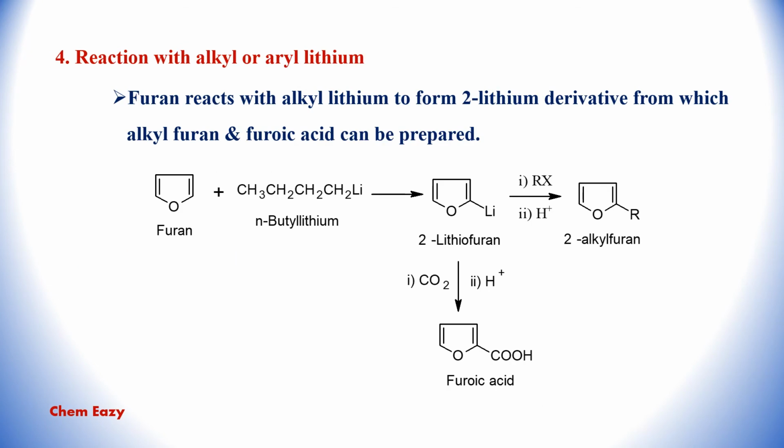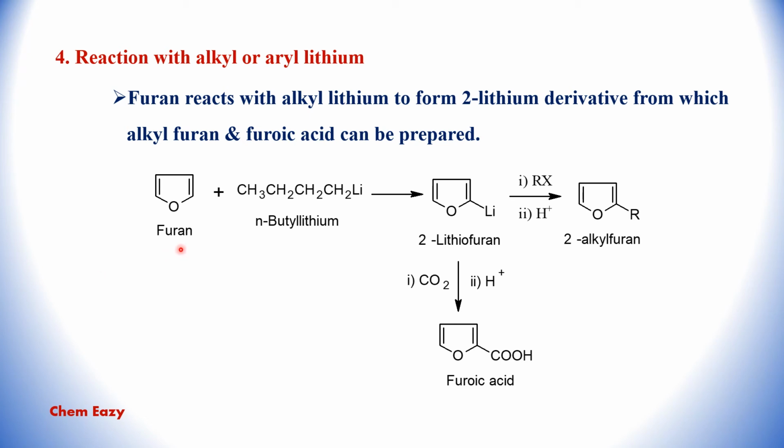Next one is the reaction of furan with alkyl lithium or aryl lithium. For example, when furan reacts with alkyl lithium it forms a 2-lithium derivative. From this 2-lithium derivative, alkyl furan and furoic acid can be prepared.